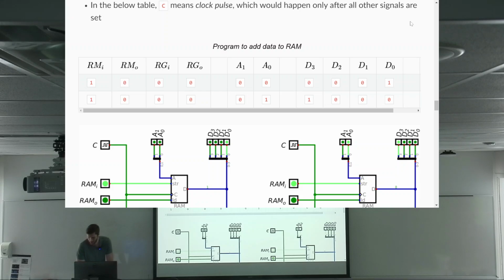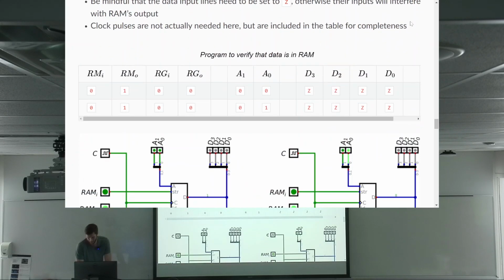One thing I noticed, I wanted to really re-emphasize here, is that what I'm saying in these lines are what I'm putting on these lines, okay? So I set this to 0, I set this to 1, I set this RAM out to 1, meaning data is going to come out of RAM. Register 0, set the address lines.